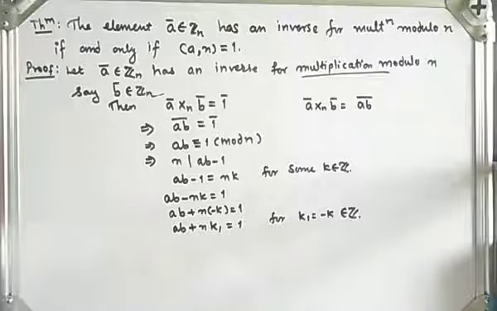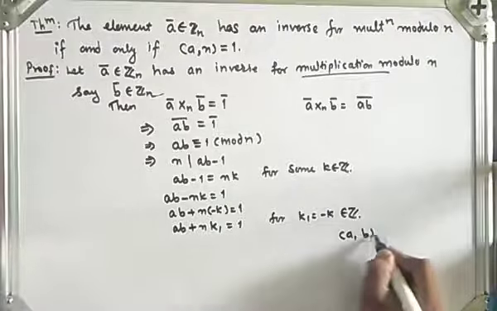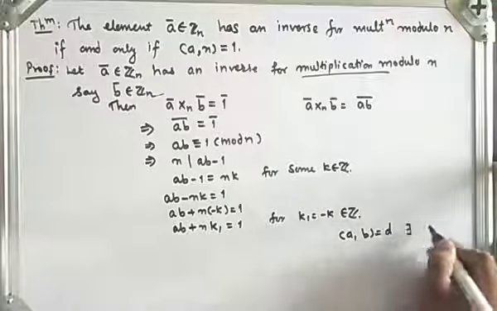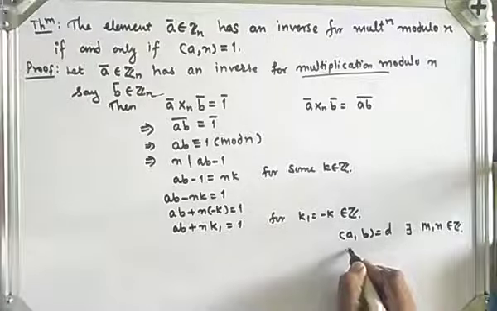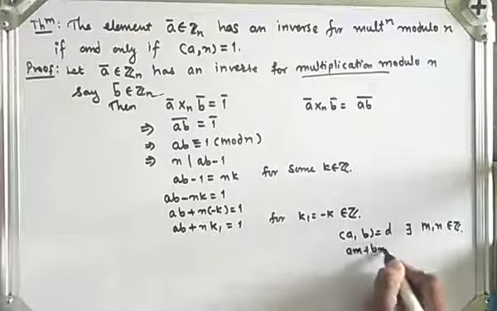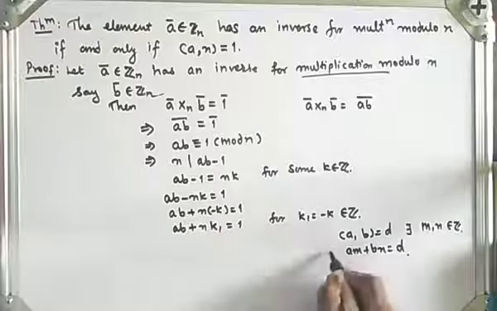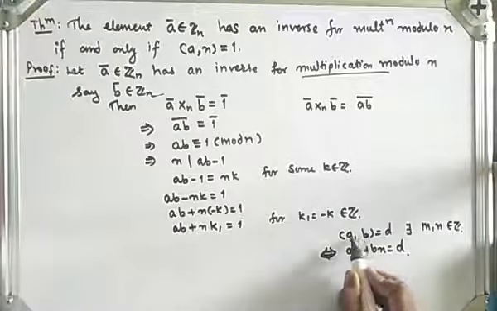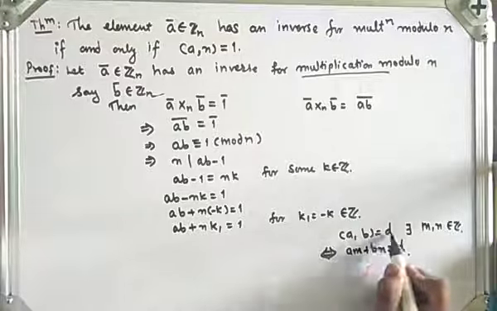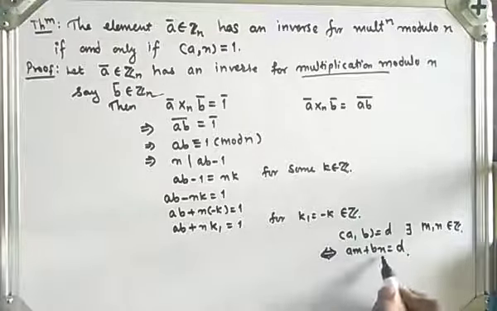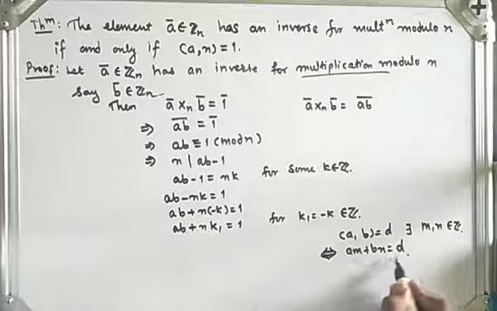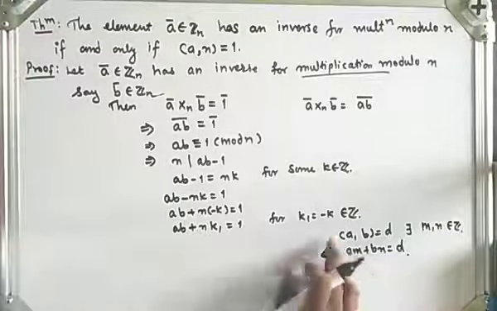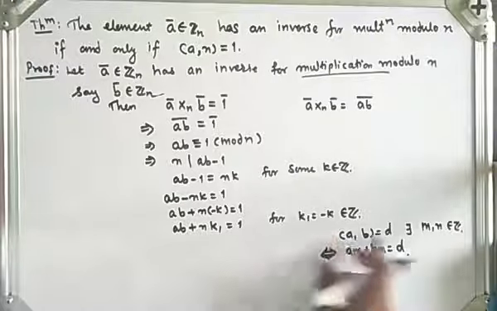Now we know by the GCD theorem, if GCD of a and b is equal to d, then there exist integers m and n such that am plus bn is equal to d. This is the if and only if case. Means if we have GCD of a and b equal to d, then we can express it in the form am plus bn equal to d, or if we have the equation in the form am plus bn equal to d, then GCD of a and b is equal to d.